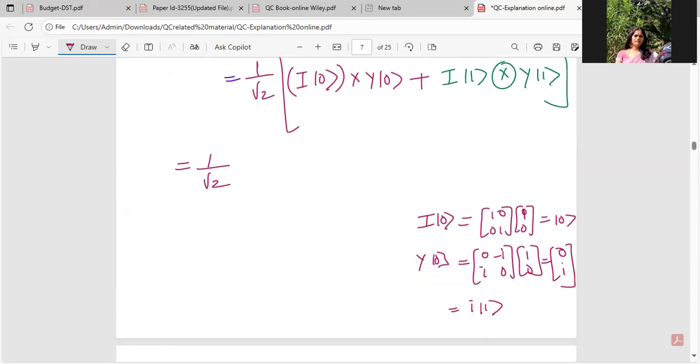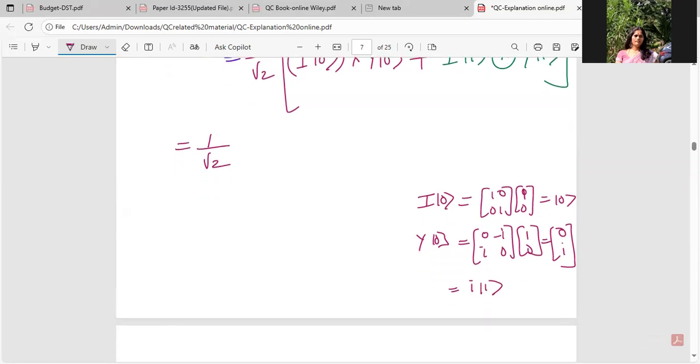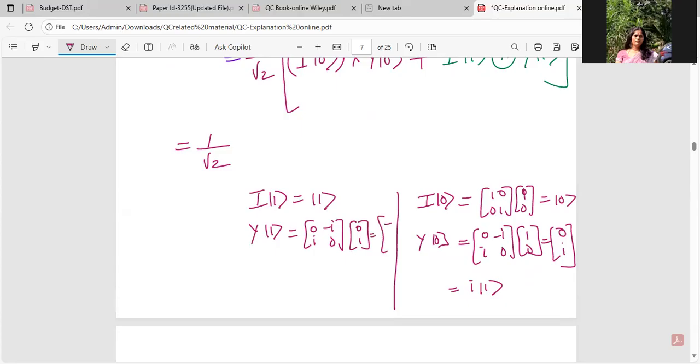Next, how does I operate upon ket 1? Of course, identity operator, so ket 1 only. How does Y operate on ket 1? I'll show you: 0 minus i, i 0, times 0 1. First element is 0 and 0, so this is nothing but minus i of ket 0.